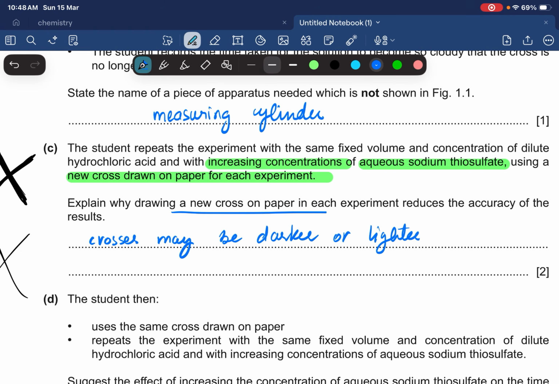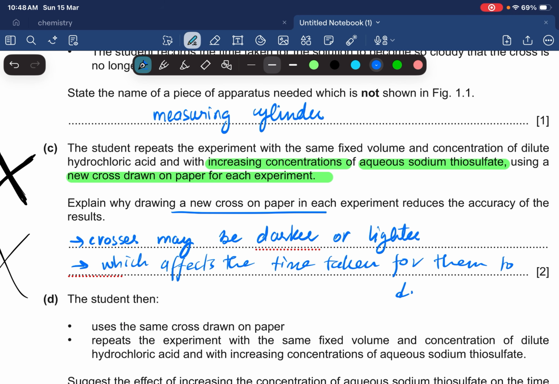This is going to make the time differ, which affects the time taken for them to disappear. This is a very famous rate question that's often tested.